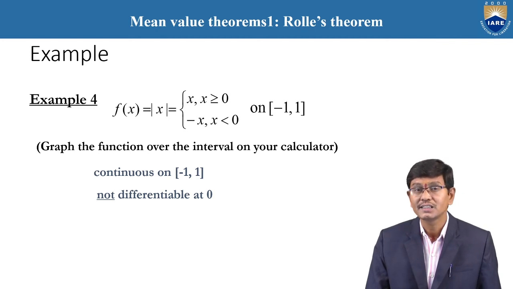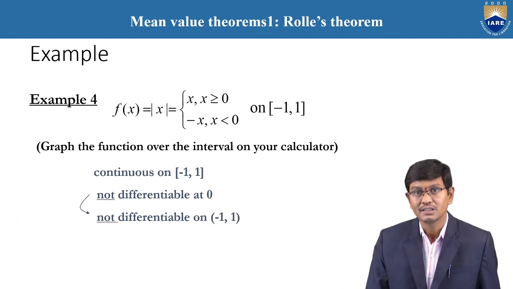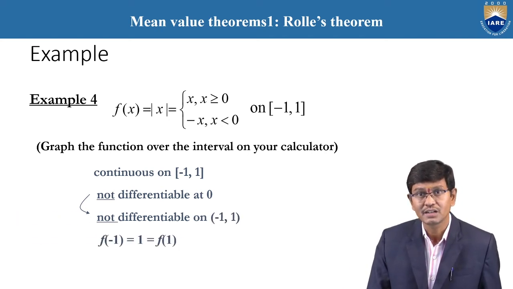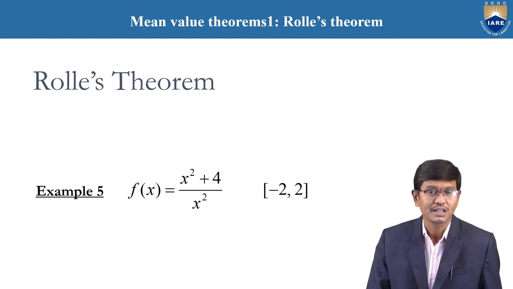And if the RHS limit and LHS limit are not equal, then the derivative does not exist. Therefore, the function is not applicable for Rolle's theorem, because it is not differentiable. And even f of minus 1 equal to f of 1 is not satisfied.